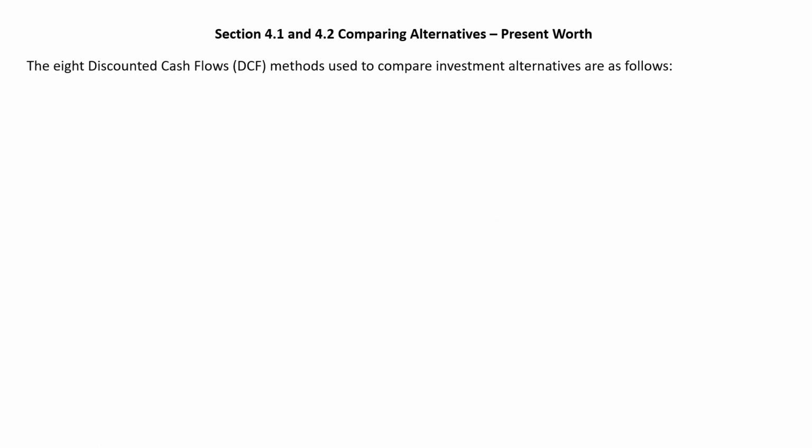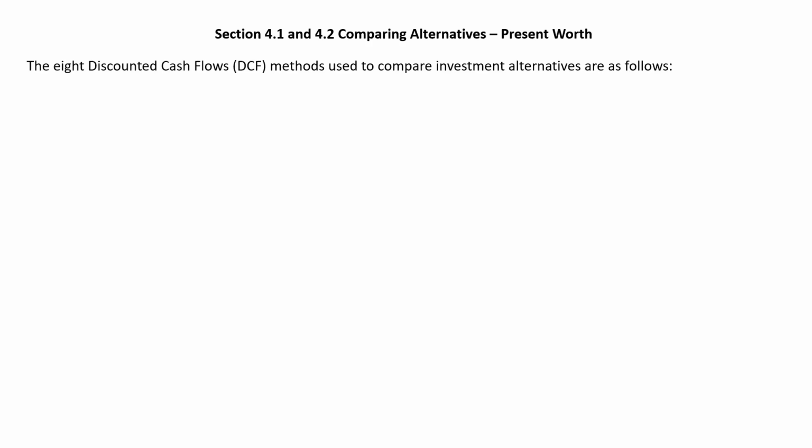The 8 discounted cash flow methods used to compare investment alternatives are as follows. There are 8 ways you can choose an alternative. I wish there were fewer, but in fact, there are 8 of them, and believe it or not, you need to be familiar with all 8 of them.